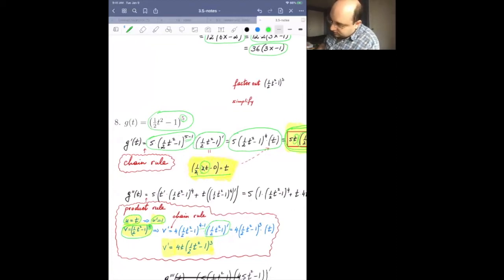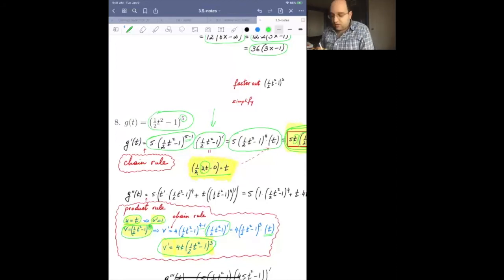So the whole thing becomes 4 times 1/2 t squared minus 1 to the power 3 times the derivative of the inside, which is just t. We just calculated it before on the previous problem. If we simplify everything, the derivative of v is that.